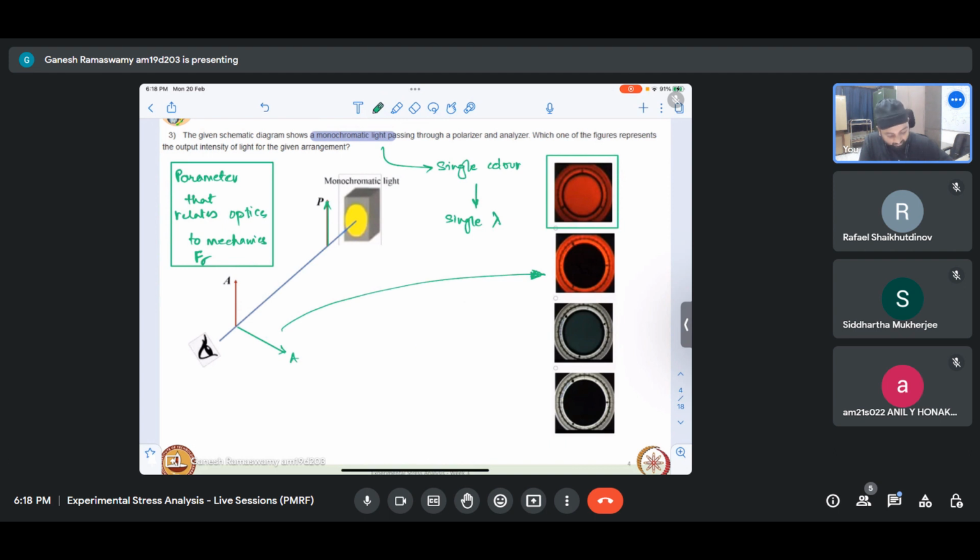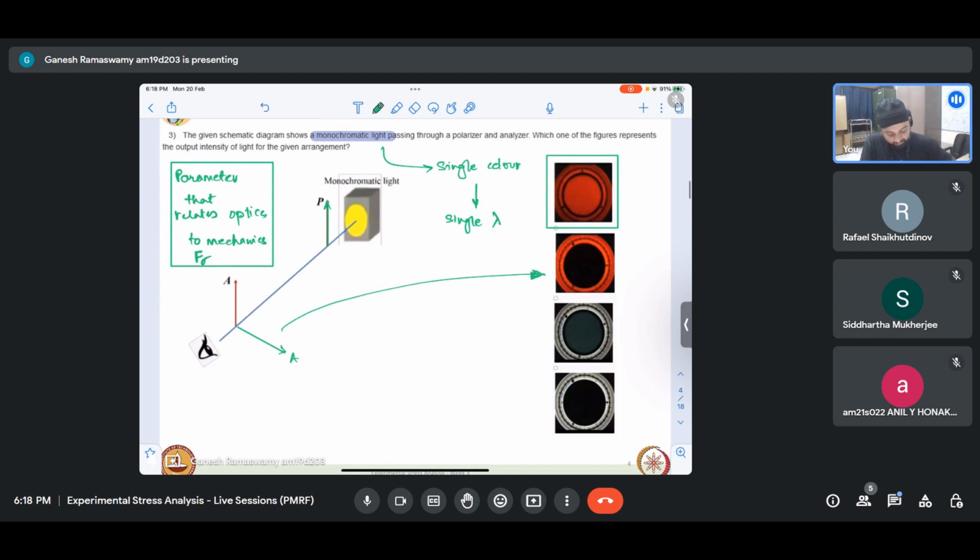Because this circular region is the only place where the polarizing sheet is there. The dial around that is just to take the angular measure, so that doesn't have any polarizing sheet around it. So essentially the entire light will get cut out from the analyzer zone. So that is what we will be seeing.